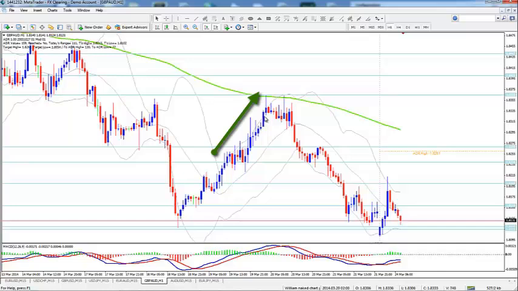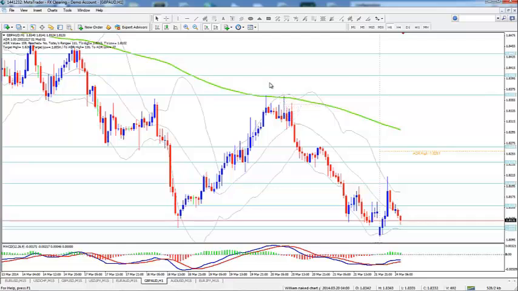Why is that important? Well, it's important because one thing you need to realize about Bollinger Bands is that price, even though it might leave the Bollinger Band, such as this wick here, it left the Bollinger Band, came up to the 200, and what did it do? Came back to the Bollinger Band. 99.999% of the time, price will come back into the Bollinger Band.